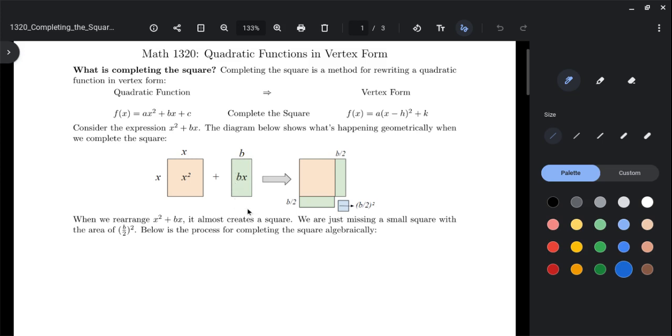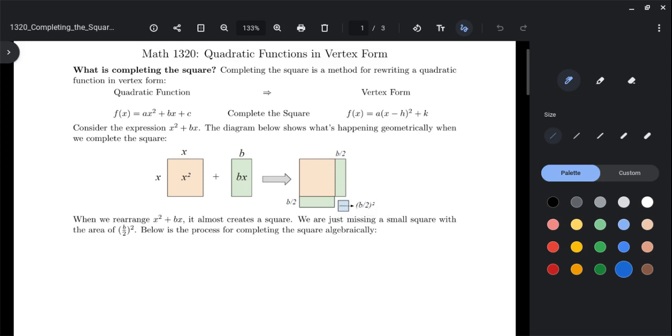If I'm trying to construct a square with these two terms, then one thing I could do is split this bx rectangle in half down the middle, and put that on both sides of my x squared square. But when I do, I am missing a tiny square, which has the area of b over 2 squared.